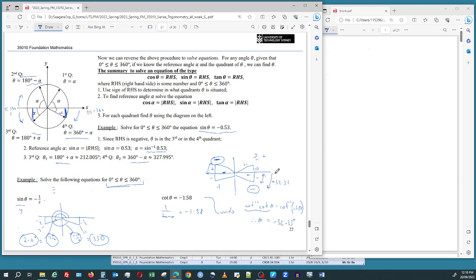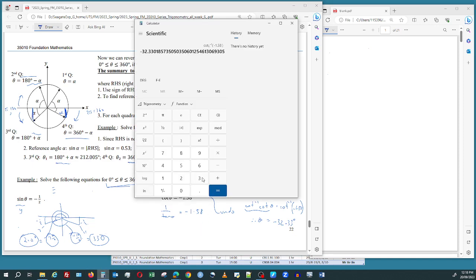The other thing we can do is take the 360 and minus the 32. Now it won't be minus and minus; it'll just be minus. So 360 minus 32.33. Your intuition has to match the reality.